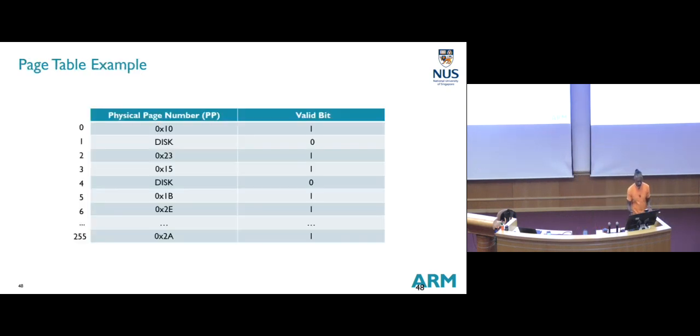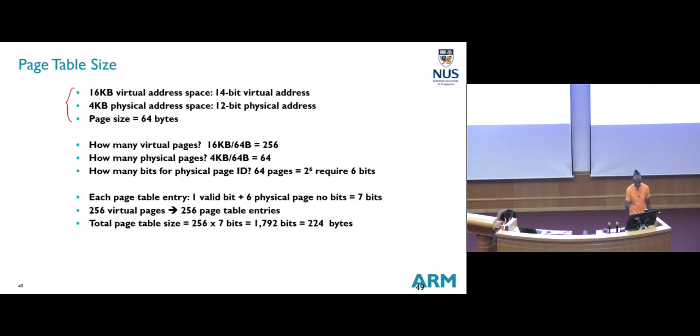Each entry in the page table will have a valid bit and an associated physical page number. If the valid bit is set, that means I have a value here. But if the valid bit is 0, that means it is still in the disk. That means I do not have a copy of the data in my DRAM yet. It is still on the hard disk space. So that is how the whole thing comes about.